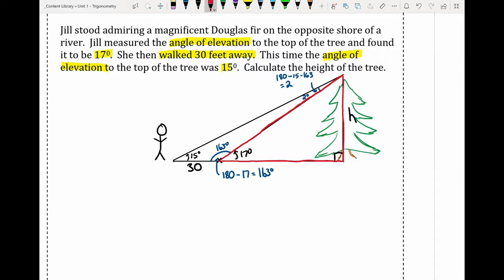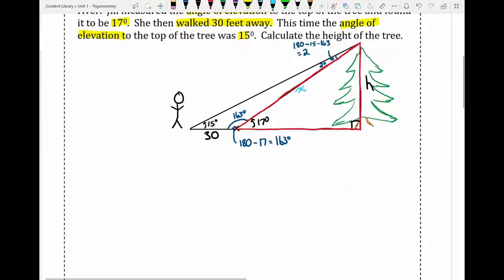I'm not going to be able to find the bottom side, but I can find the top side here, labeled x, this hypotenuse, because it's shared with another triangle, and I have quite a bit of information in the second triangle. So what I'm going to do is draw that second triangle, this long skinny stretched one here: 163 degrees, 15 degrees, 2 degrees, 30.